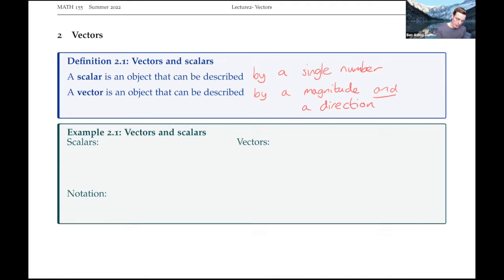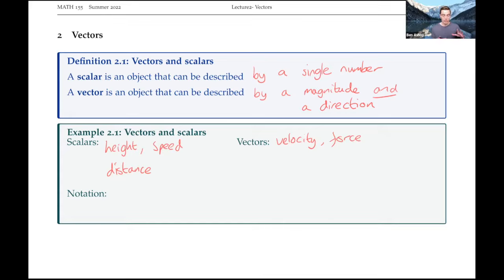So for scalars, I mentioned height. We could have things like speed as well, distance. These are all scalars. But if we have speed plus direction, then that would give us velocity, which is a vector. Force is also another example of a vector because it depends on how you're applying that force.